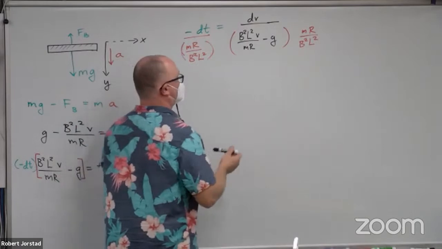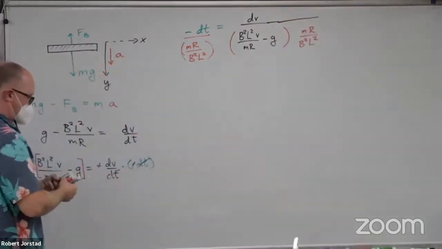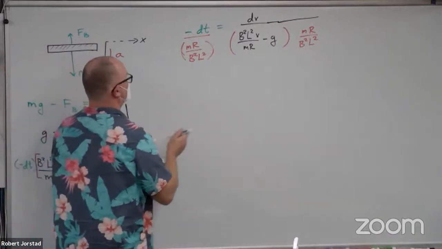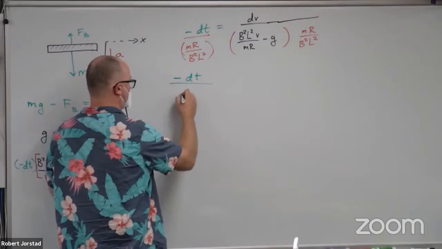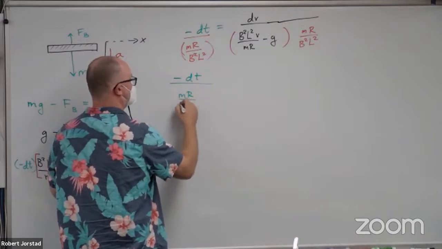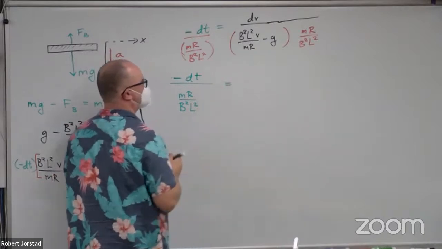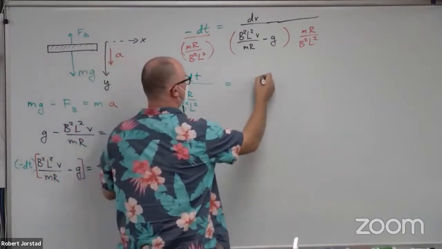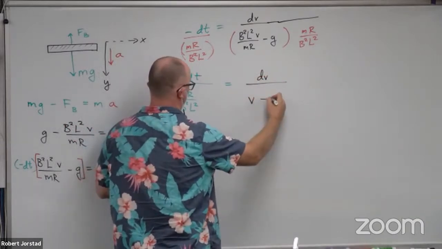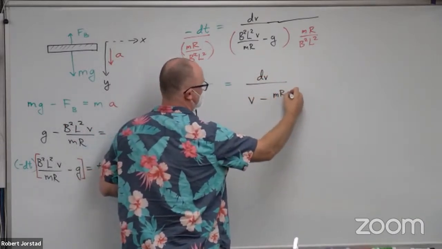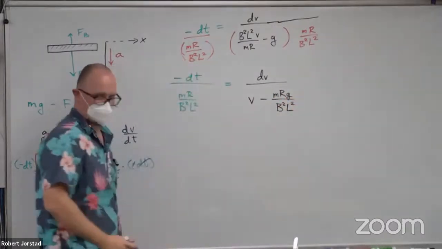So that's what I want to do. You can do whatever you want. Now, when I do this, I get negative dt all over Mr. b squared L squared equals what's left on this side? V minus Mr. g over b squared L squared. So there's a subtle difference.